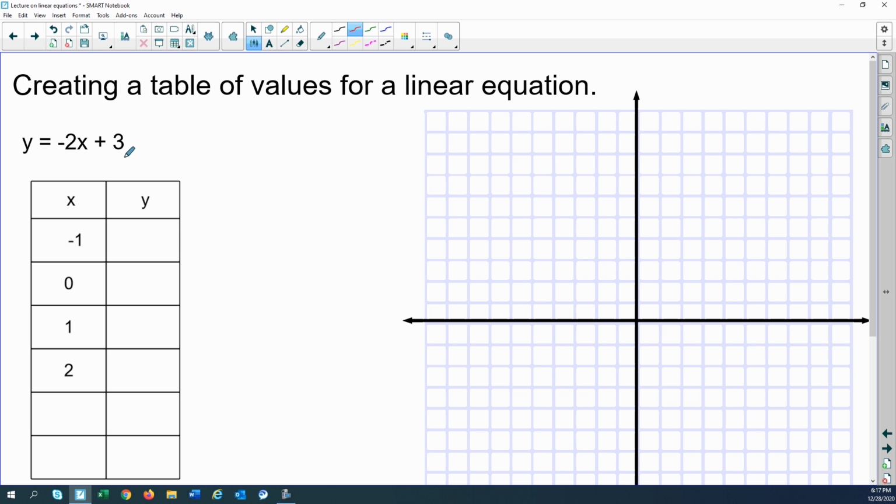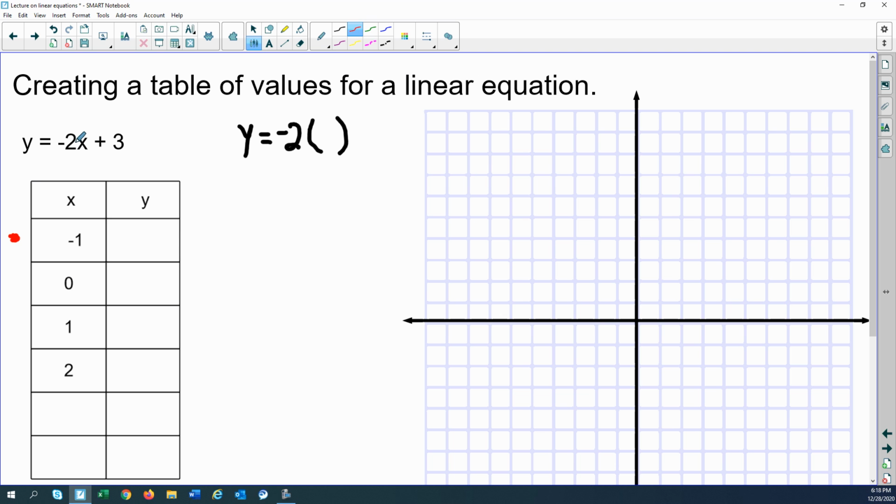We have an equation, y equals -2x plus 3. Think about what form this is in. Yes, this is in our slope-intercept form. Let's start with making our table for -1. So -1 is the x value. We're going to plug it in and find the y value. So I'm going to have y equals -2 times -1.